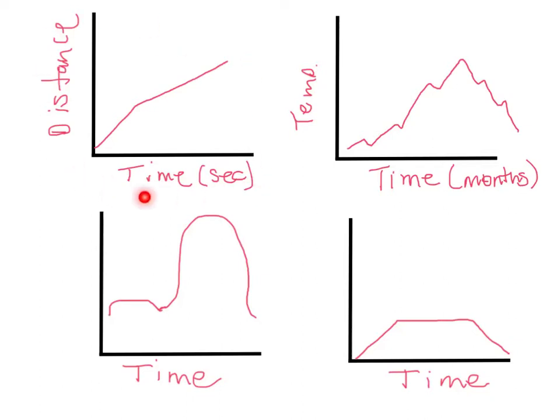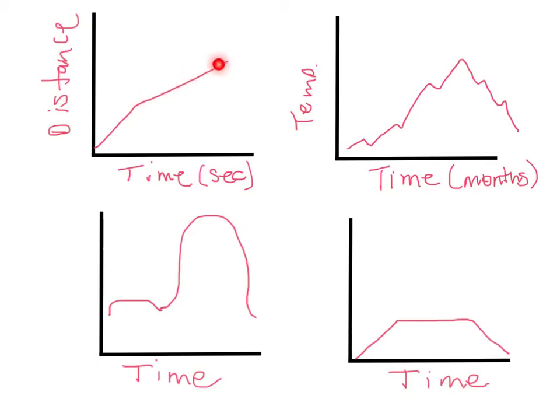So if I look at a graph like this first one here, I've got time in seconds and then distance. And we've talked a little bit about runners and running races. As you look at this graph, this line goes at a pretty steady increase for a little while, and then it tapers off and the distance becomes a little bit less for every second, okay?